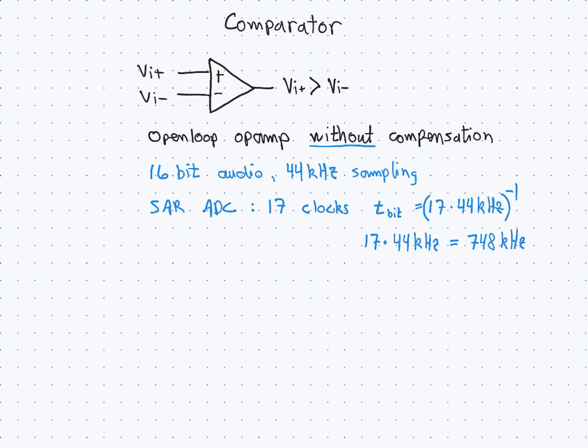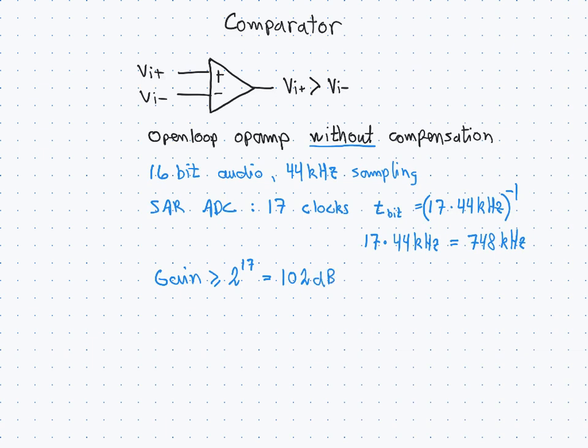Now to have a 16-bit ADC, we would need a comparator that can tell if the two inputs are similar within half a bit resolution. That would mean that it would have to have a gain of 2 to the 17th, or 102 dB.